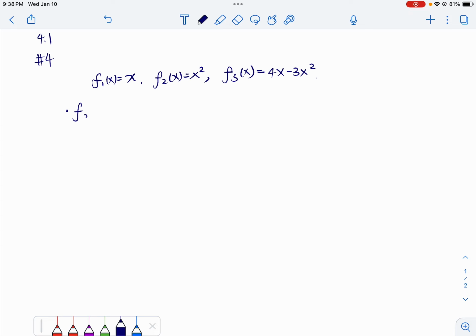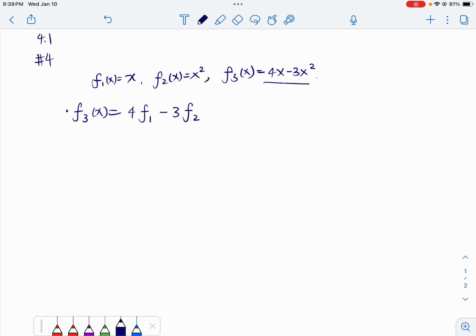You can see that I can actually write f3, which is this guy, as 4 times x. x is f1, right? And then minus 3 times x squared, and x squared is f2. So therefore, f3 can be written as a linear combination of f1 and f2.